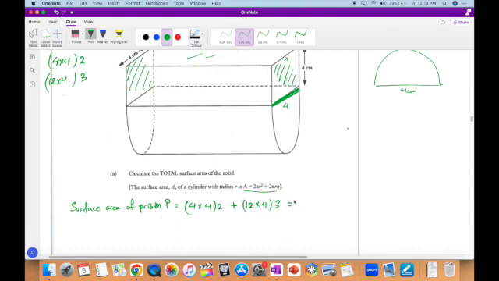That gives 4 times 4 is 16, times 2 is 32, plus 12 times 4 is 48, times 3 is 144. So that will be plus 32, which is about 176 centimeters.